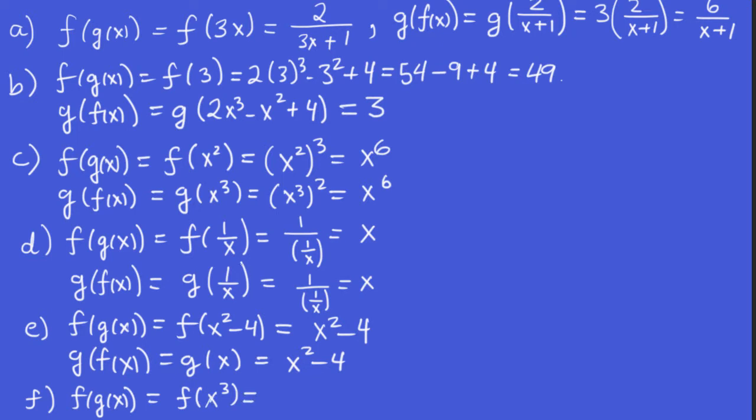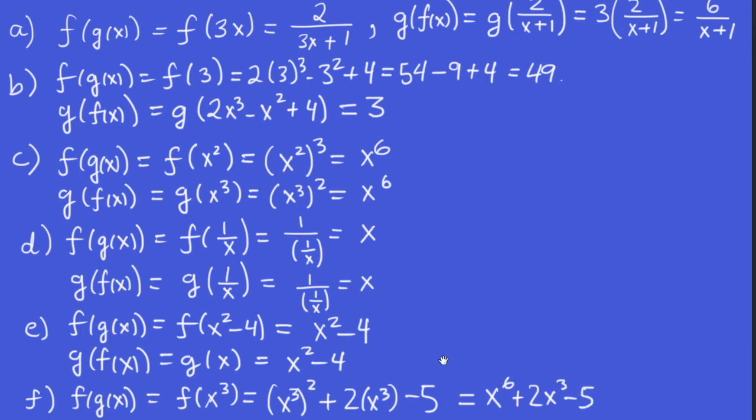And f at x cubed is, well, let me just write it like this first. It's whatever squared plus 2 times whatever minus 5, right? And in this case, the whatever is x cubed. So let's make those substitutions. So we get x to the 6 plus 2x cubed minus 5.